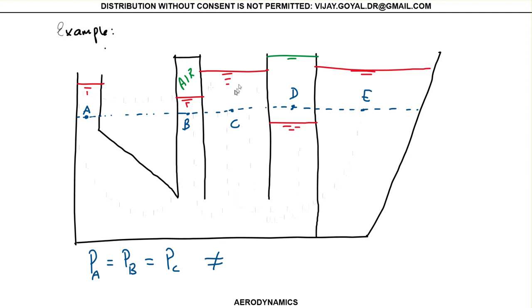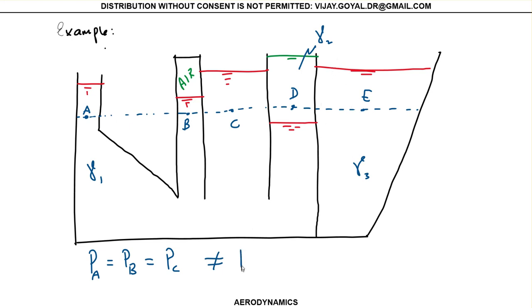Since it's all the same fluid, I can say the pressures here and here will be identically the same, because we look for absolute pressure. However, here my gamma is different. If I call this gamma 1, this gamma 2, and this gamma 3, these pressures are different.